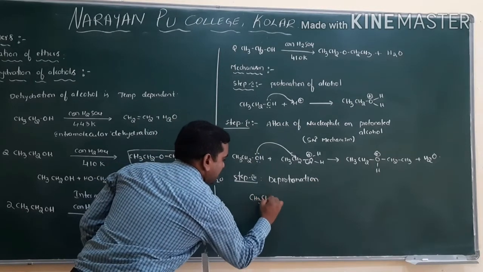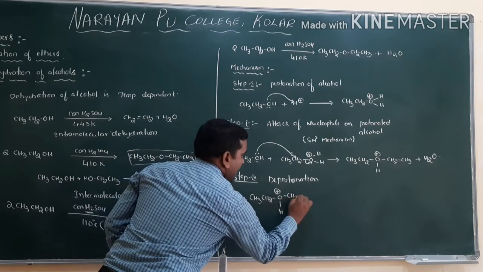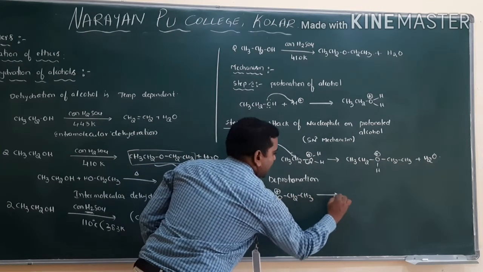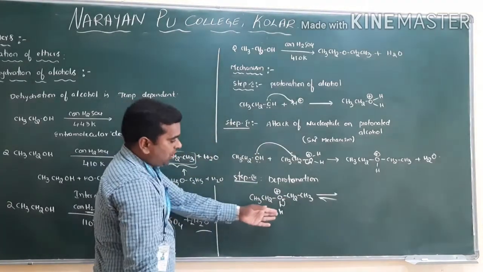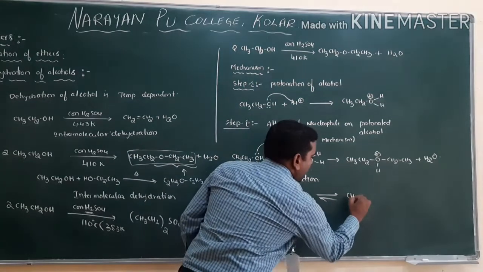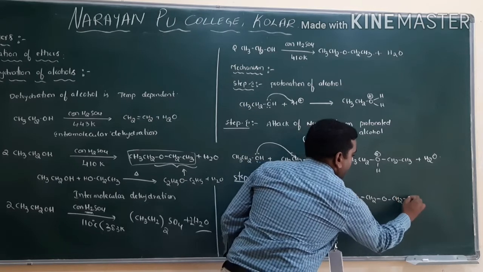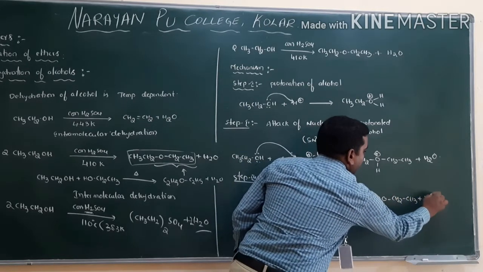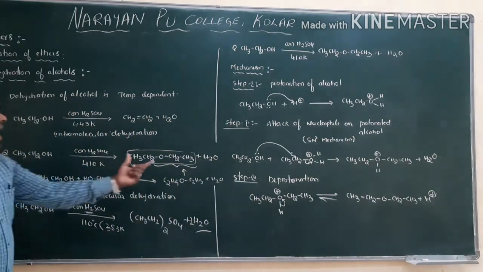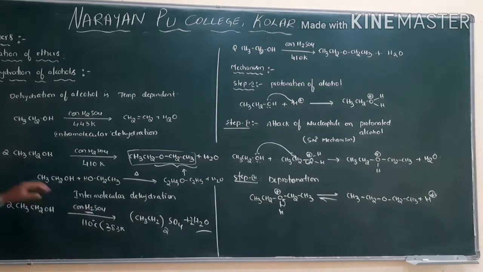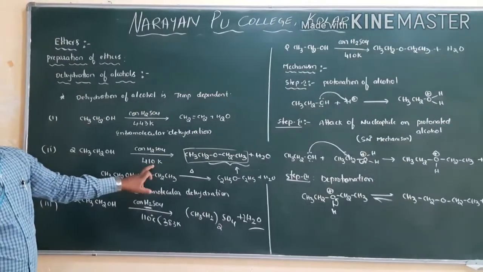That is CH3CH2OH, and here positive charge, and CH2CH3. Then what happened here? You see, and this is the proton. It takes the electrons from the hydrogen, the charge will be neutralized and the H+ will be removed. This is how intramolecular dehydration takes place when we use concentrated H2SO4 and maintain the low temperature. Okay.